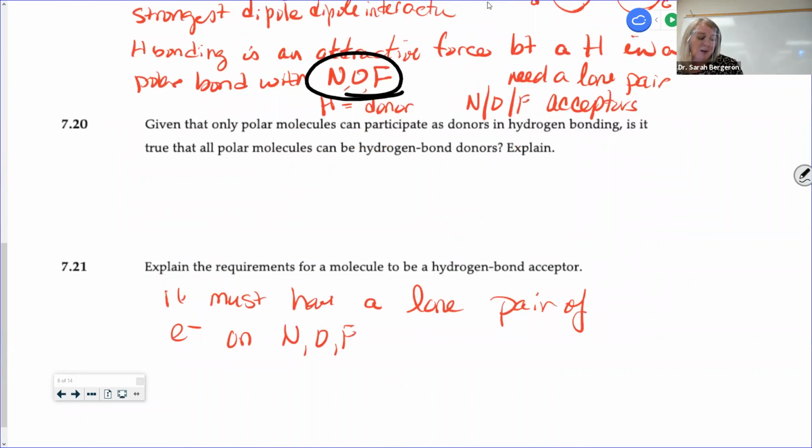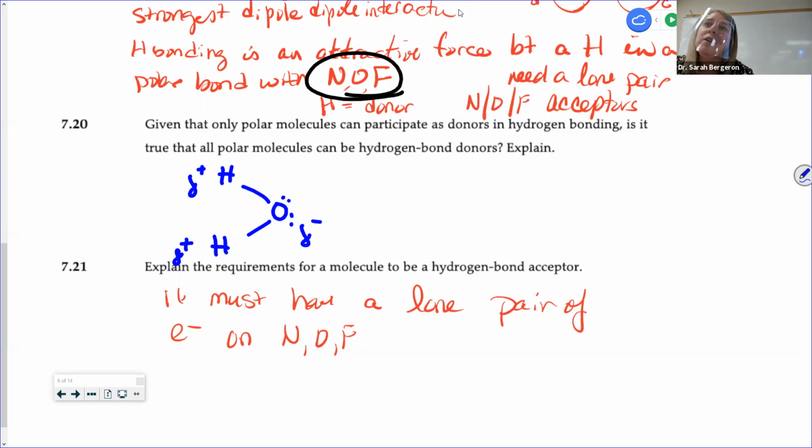Let me do it this way. If I have this oxygen atom in a water molecule, this hydrogen is partially positive, the oxygen partially negative, and it's got its lone pairs.